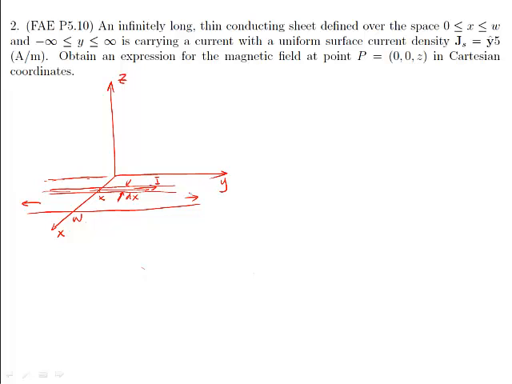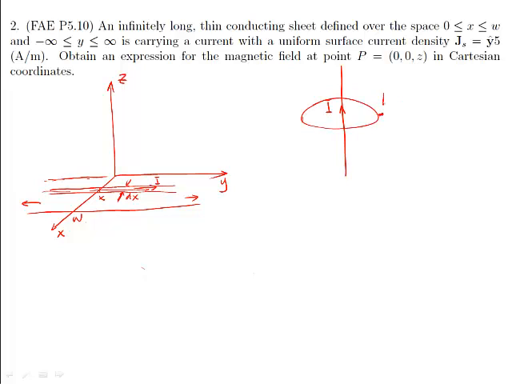If you still remember the example we worked out in the class, if you have a very long line current, essentially it has to be infinitely long, then the H field at any point in space can be worked out very easily by Ampere's law.